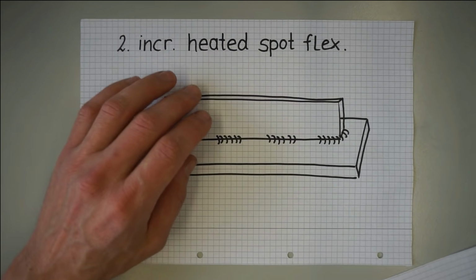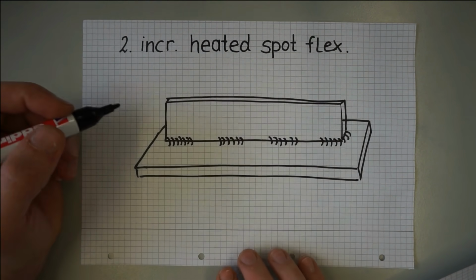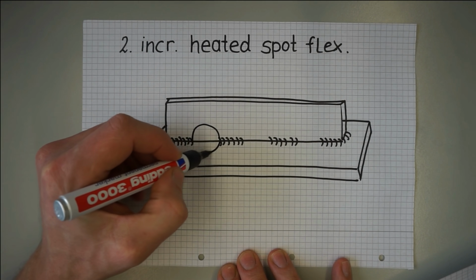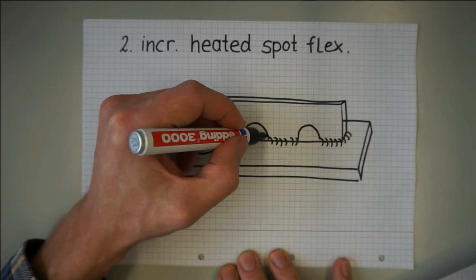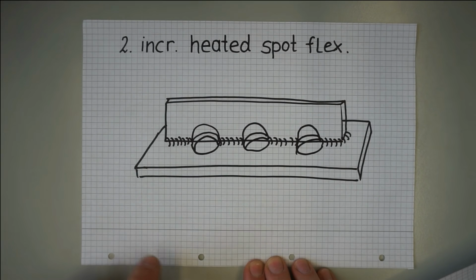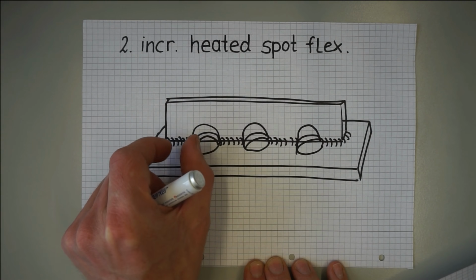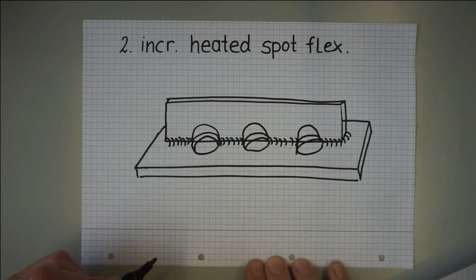Consider this example, where we could increase heated spot flexibility by introducing some cutouts like here. So in this case, these welds would be more free to expand in this direction while they are being hot than before.